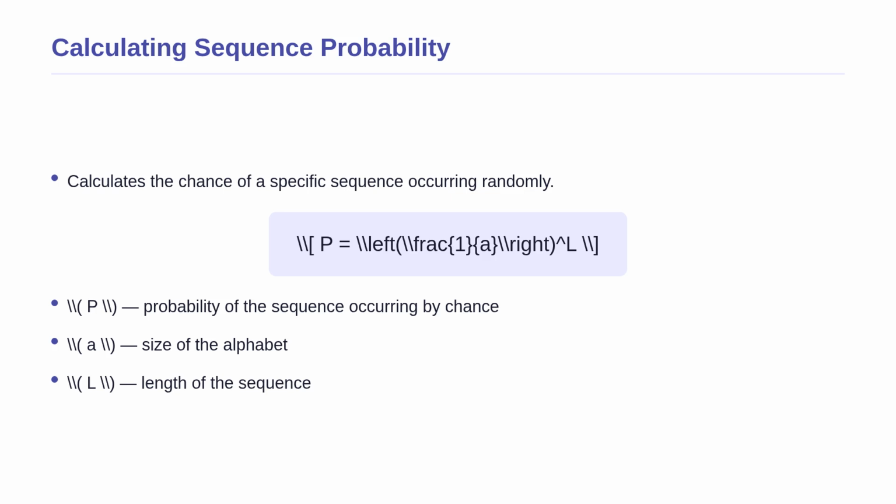The variable A is the alphabet size, and L is the sequence length. If the sequence length L increases, the fraction gets multiplied by itself more times, meaning the probability P decreases dramatically. This mathematical relationship is what allows us to confidently identify non-random, biologically significant patterns.